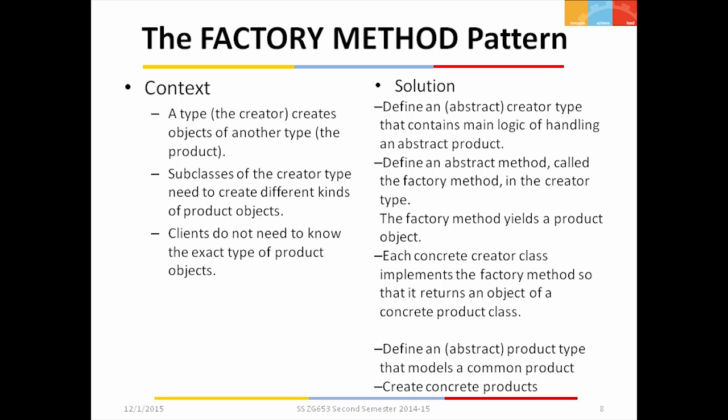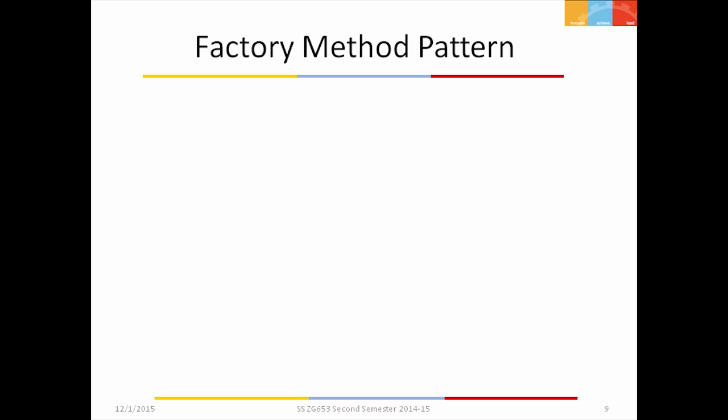So this concrete creator implements the factory method and it actually returns an object of a concrete product. Now side by side you create an abstract product type that models a common product, or the notion of what is a product. It basically models that, and then create concrete products which can be instantiated. So essentially each concrete creator creates a concrete product. Let's look at the class diagram to understand this in more detail.